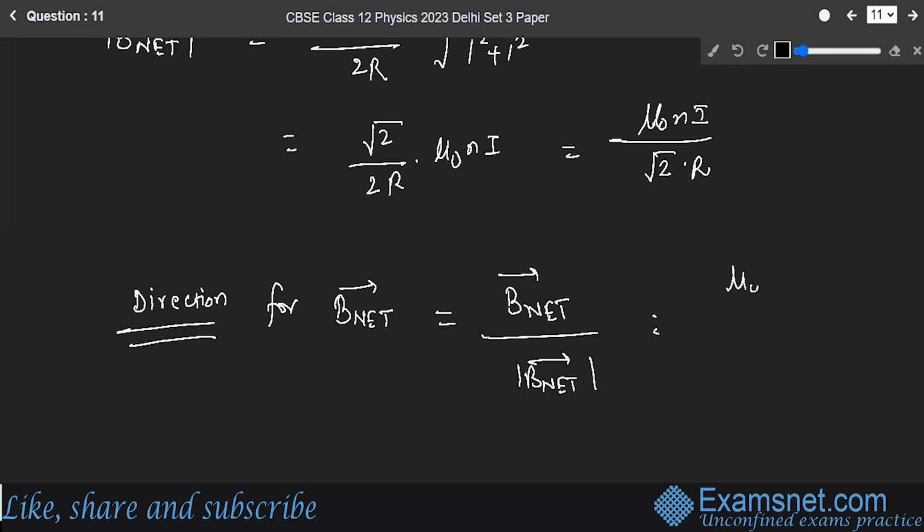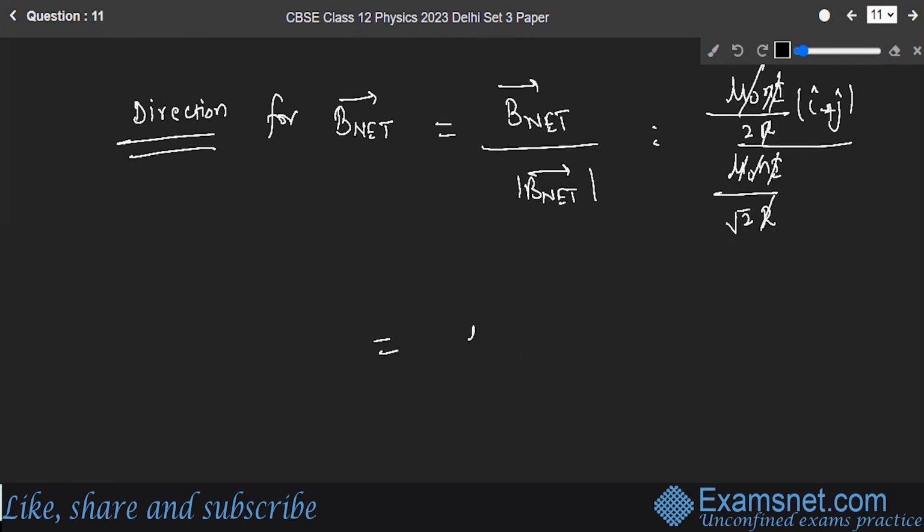This is equal to mu naught n I upon 2r times I plus j, divided by mu naught n I upon root 2 r. This will cancel, and you will have I cap plus j cap upon 2 into root 2. So this root 2 will also cancel, and this is equal to I cap plus j cap upon root 2.